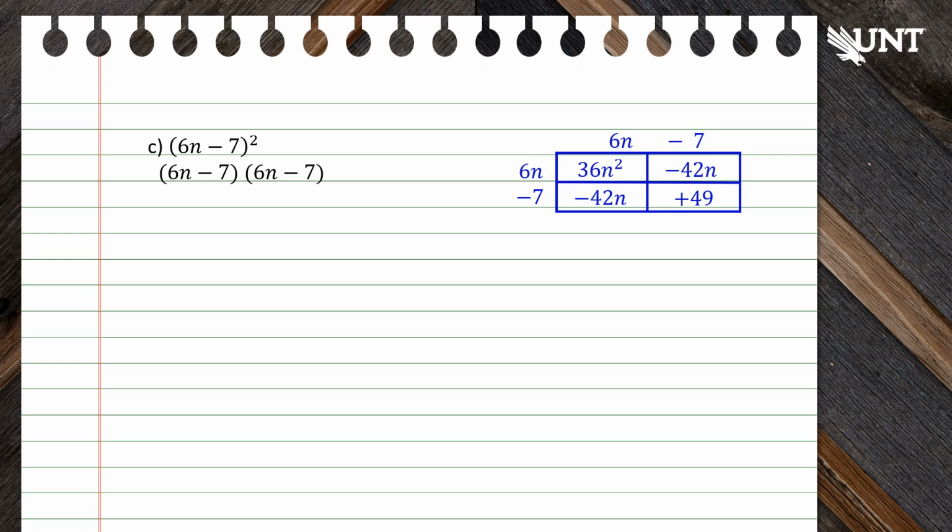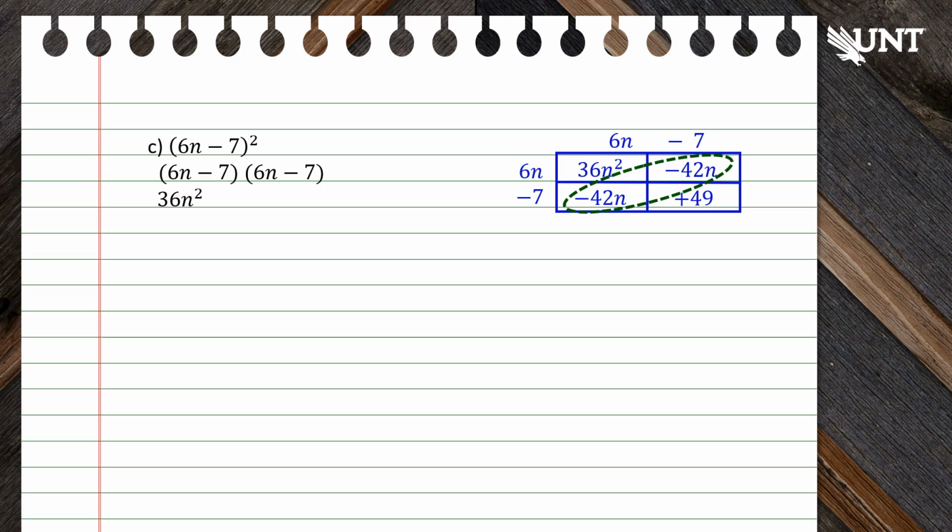Now for here, we want to simplify and combine any like terms if possible. What you'll notice is we only have one term that involves an n squared, so we keep the 36n squared. But we do have two squares that only involve an n. We have a negative 42n and another negative 42n.